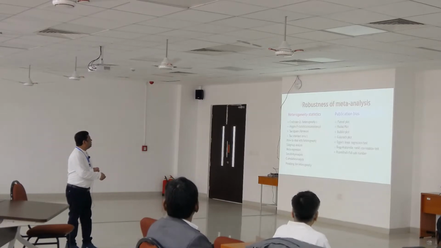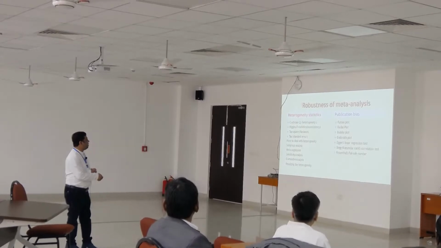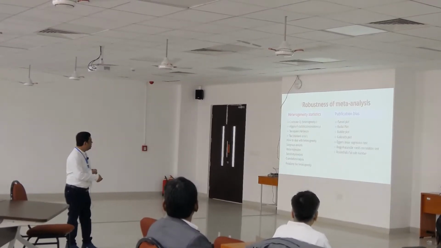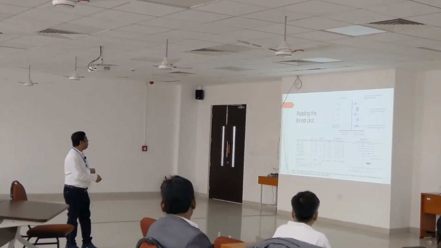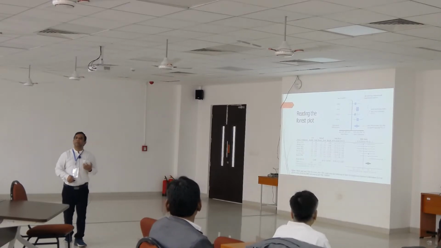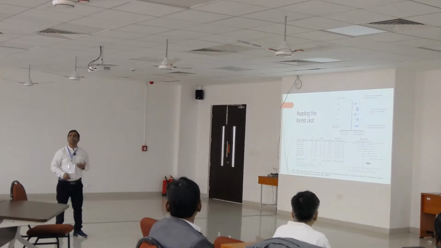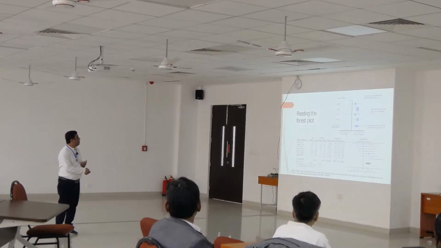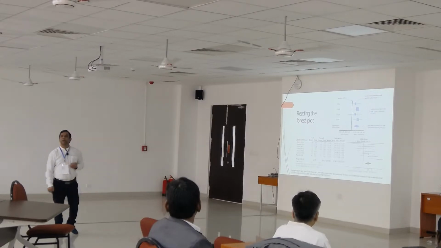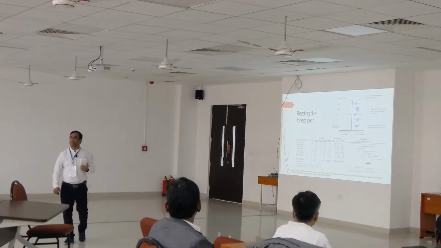For publication bias, there are many methods, but the most commonly used is the funnel plot. So here is the forest plot. First we should know how to read it. The forest plot has an x-axis with readings: one favors the control, another favors the intervention. You may change it. This dark line is the line of no effect.